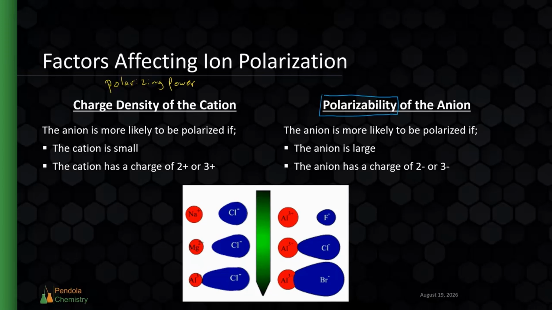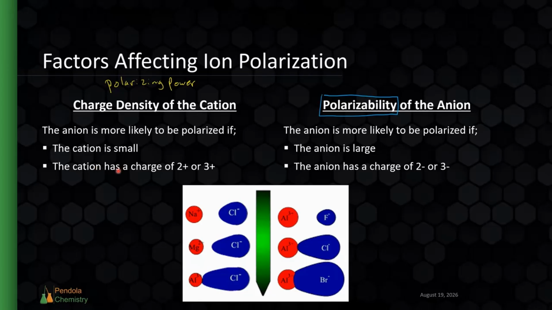So let's look at the cation first. The polarizing power of the cation is going to be dictated by its charge density. So anything that affects charge density will affect polarizing power. If the cation is small, if it has a small volume, charge density goes up, and so does polarizing power. We saw that earlier when we talked about charge density.